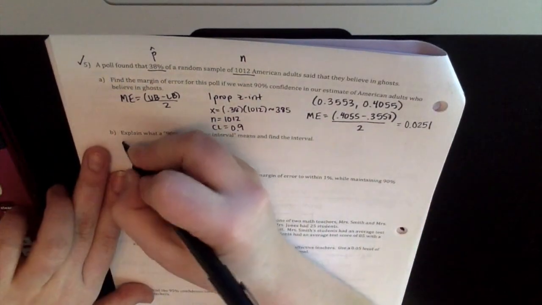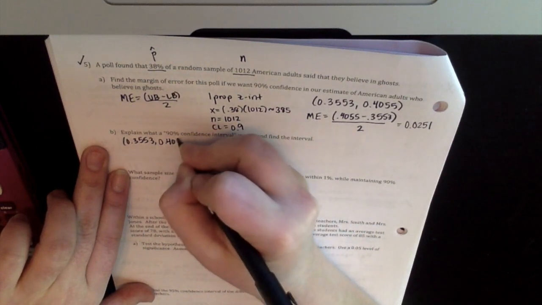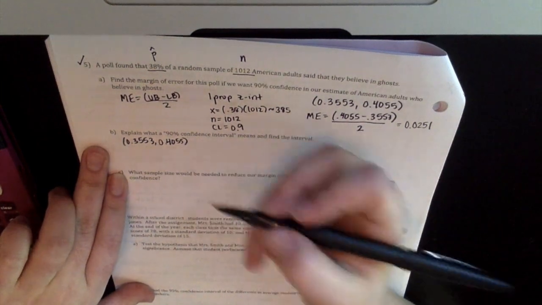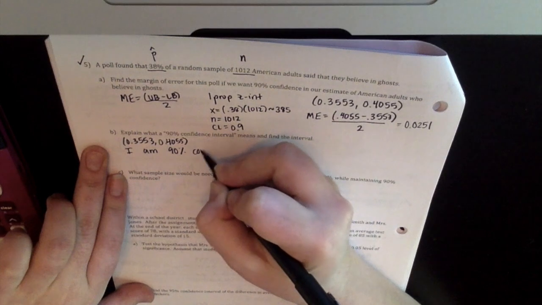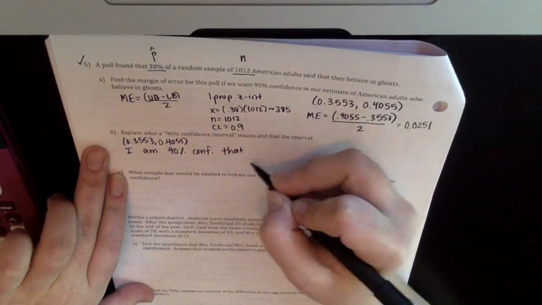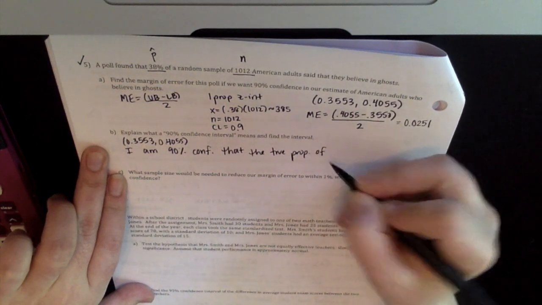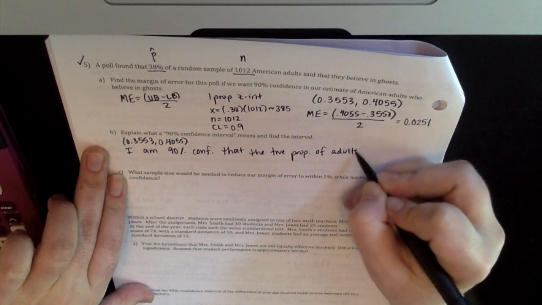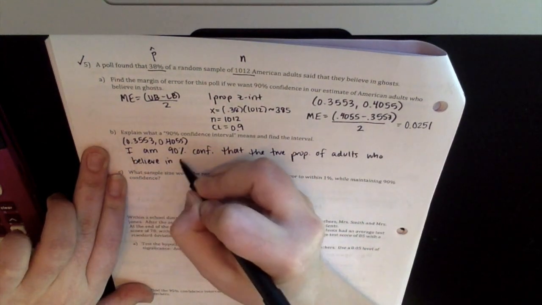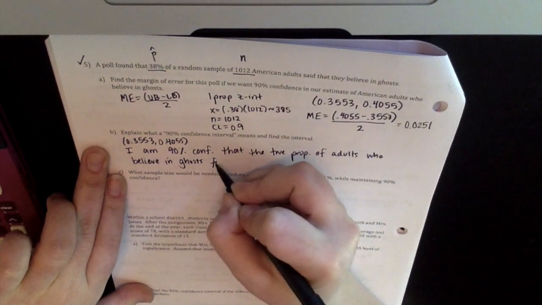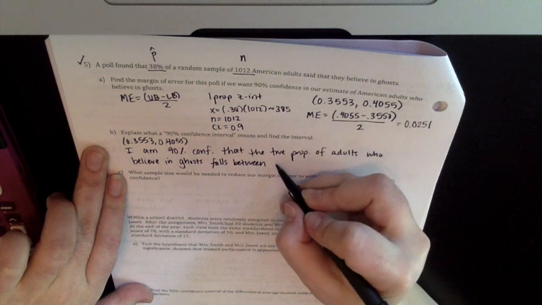Oh, well, we did that. 0.3553 and 0.4055. And let's interpret this interval for practice. I am 90% confident that the true proportion of adults who believe in ghosts falls between, now we write these percentages, right?